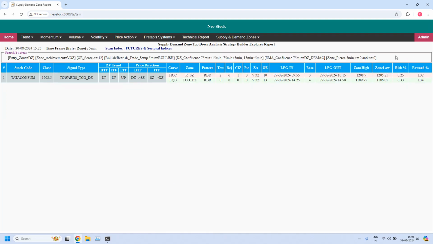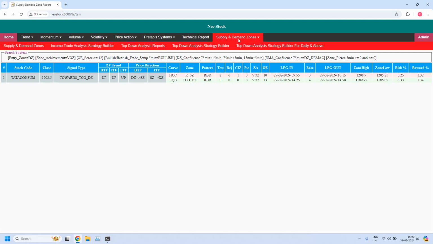Let's verify. One stock is filtered. This stock is supporting bullish trade setup for hourly income trade, and also it is having LTF, ITF, HTF zone confluence, and also HTF zone confluence with daily EMA.